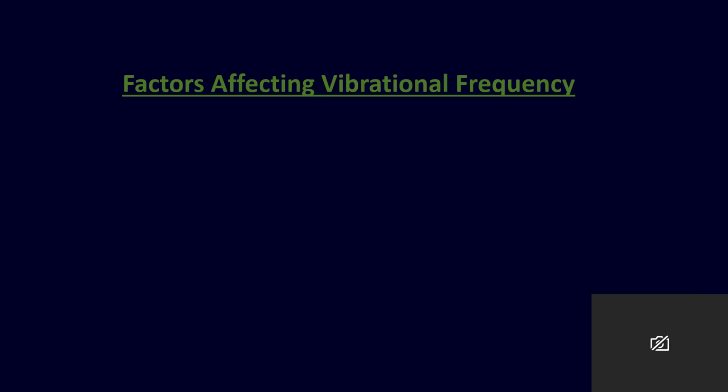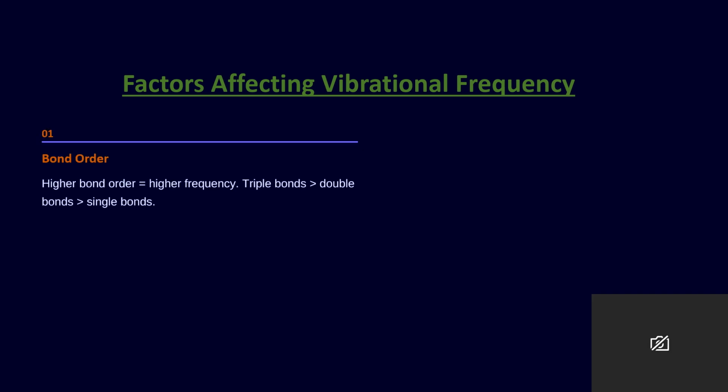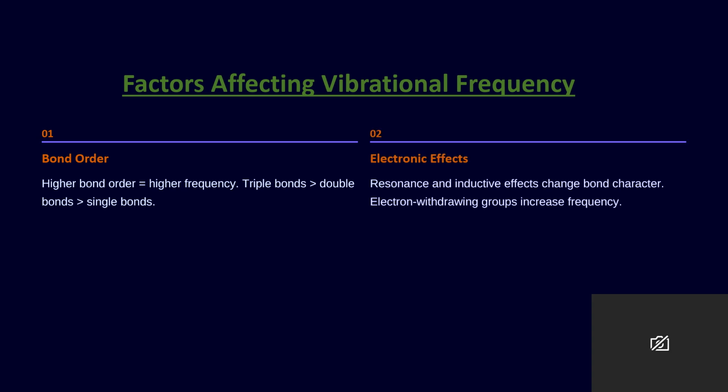Now we will see what factors are affecting this vibrational frequency. As we have seen earlier, the bond order. As the bond order increases, that is, if the strength of the bond increases, the molecule will show absorption at a higher frequency. The second is electronic effect. Electronic effect means resonance or inductive effect. If the bond order or the bond strength increases by any resonance or inductive effect, then the frequency will increase.